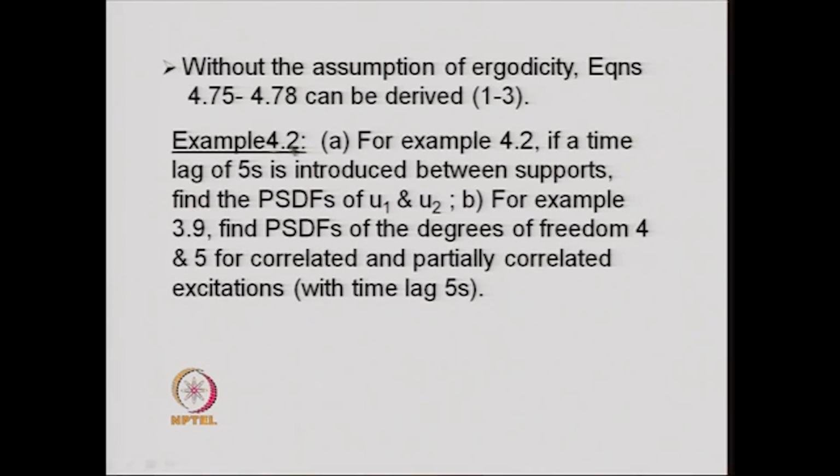Now, let us solve a problem of a multi-degree or multi-point excitation system, example 4.2. If a time lag of 5 seconds is introduced between the supports, find the PSDF of U1 and U2. That is the problem.